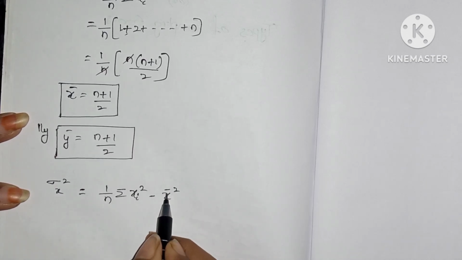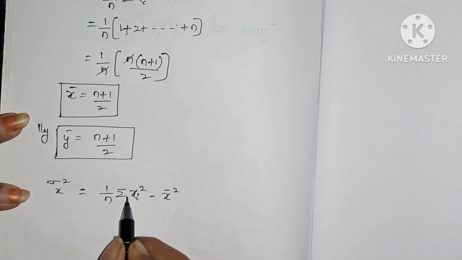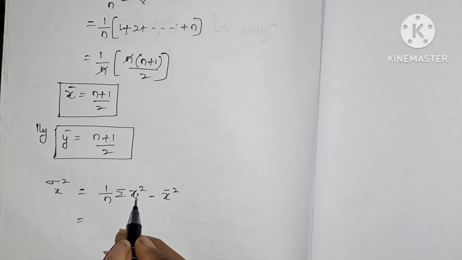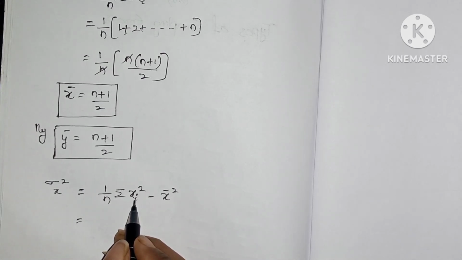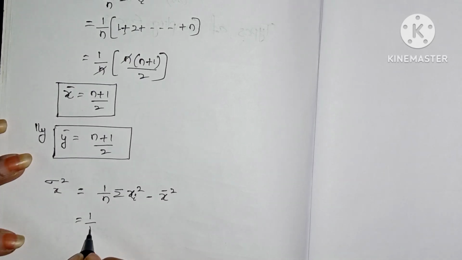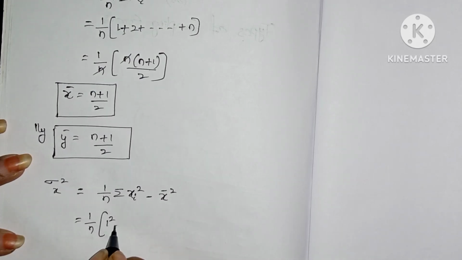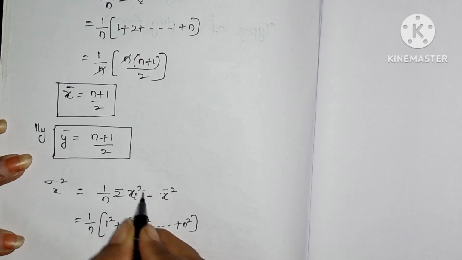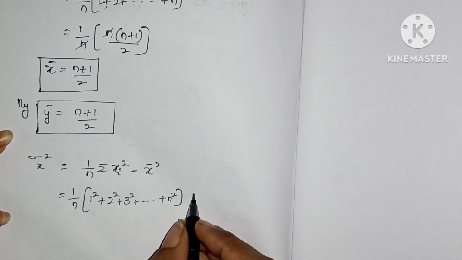We know the formula for x bar, so now we have to find this. We have to take the squares of the observations: 1 by n, 1 square, that means first rank, second rank, third rank, plus and so on, plus nth rank. Squares are there, that's why we have kept the square.